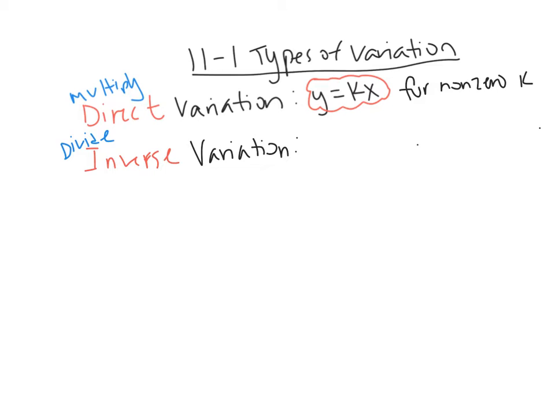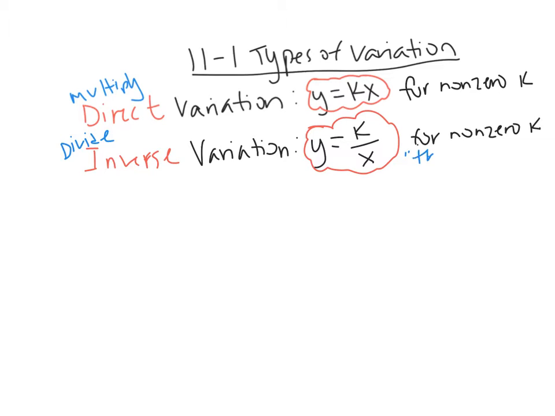So instead of writing it as y equals kx, we're going to take k and divide it by x to get to my y. So inverse, think divide. And again, it's always for non-zero k. So think fraction.